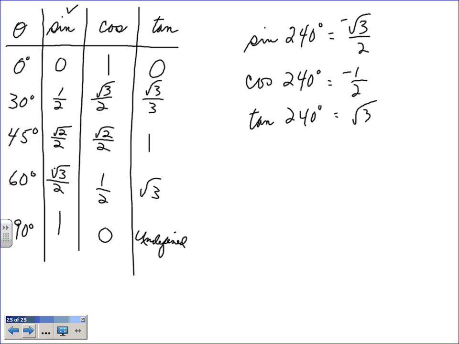And then we also have 300, 315, 330, and then 360. Okay, so we can go all the way around, by using reference angles and by knowing what's positive and what's negative in each quadrant.